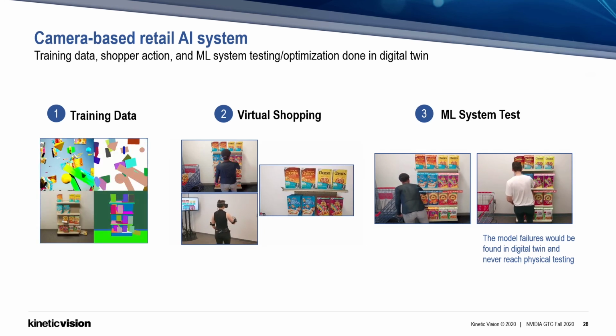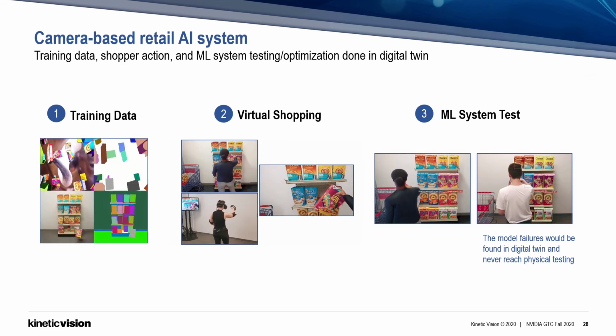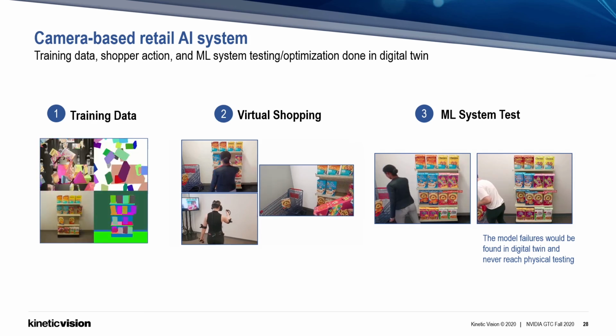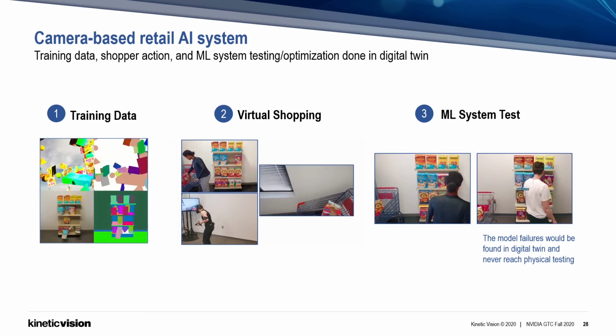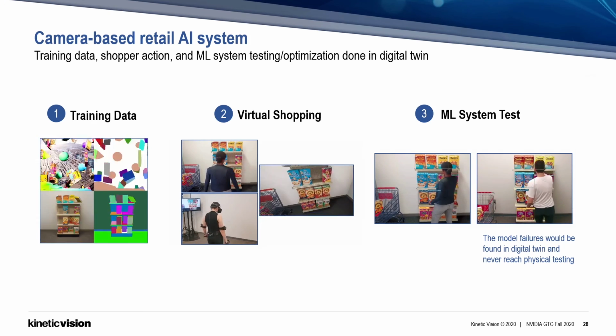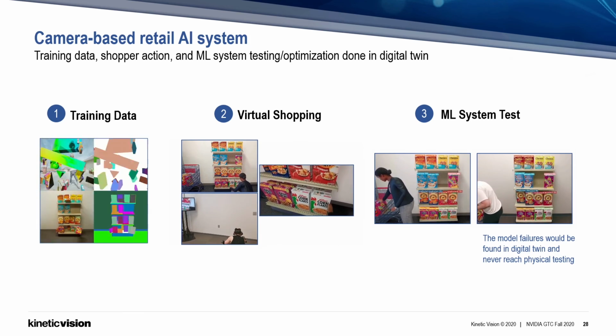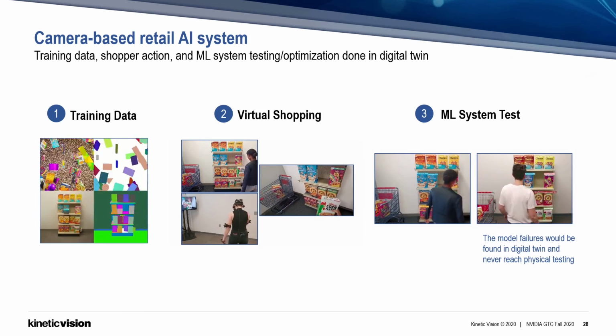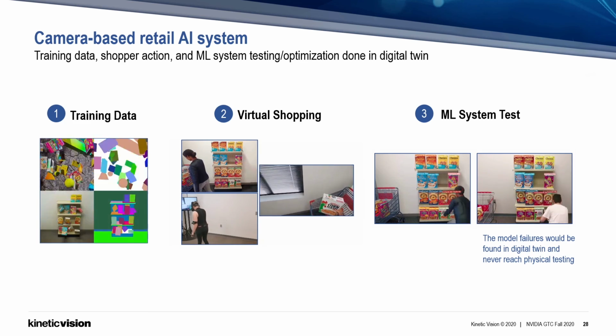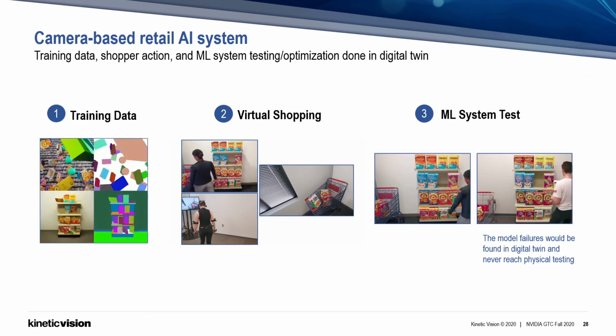Finally, the trained model was tested and optimized. Most importantly, the digital twin closely mimicked the physical system performance. A system deficiency was discovered, but it would have never reached the physical testing, as it would have been identified and remedied within the digital twin.